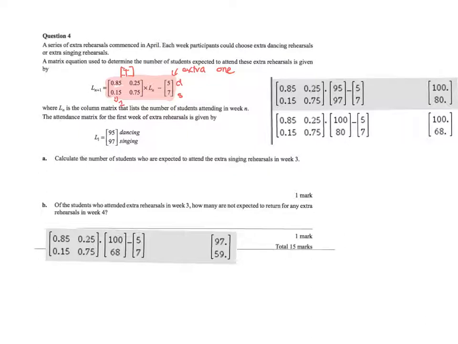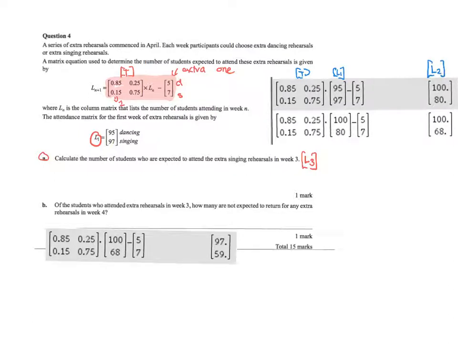So calculate the number of students who are expected to attend the singing rehearsal in week 3. Can you see we've been given L1, yeah? And we want to get to, obviously, L3. So you can see over here on my calculator, I did the transition times L1, and then minus that one, and I got L2 here.